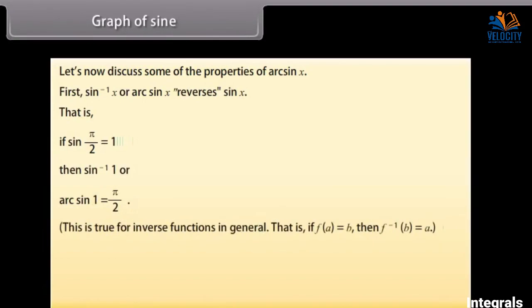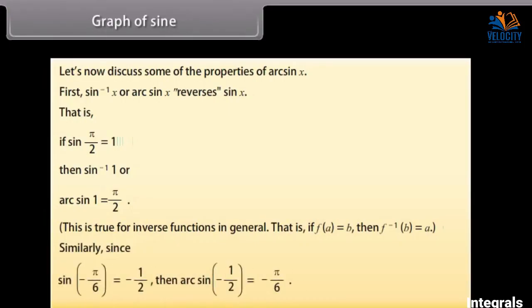This is true for inverse functions in general. That is, if f of a is equal to b, then f inverse of b is equal to a. Similarly, since sine minus pi by 6 is equal to -1 by 2, then arc sine -1 by 2 is equal to minus pi by 6.